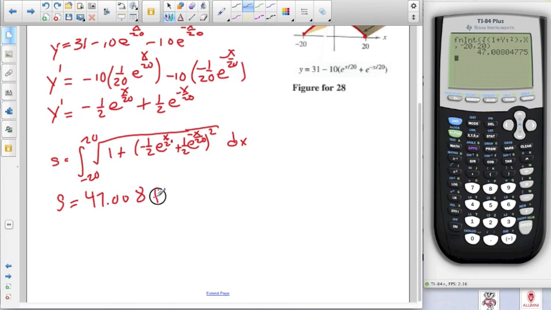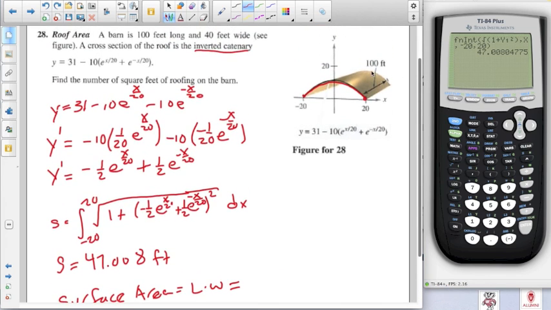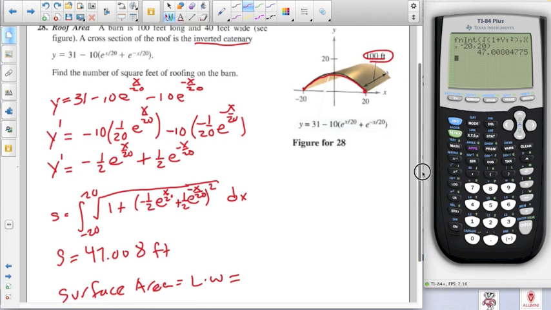So this arc length is 47.008 feet. And so the surface area then, and we're getting this surface area by basically saying we can flatten this roof into a rectangle. So the surface area is length times width. And so the length of this roof is 100 feet, I believe. Yep. So the length is 100 feet.